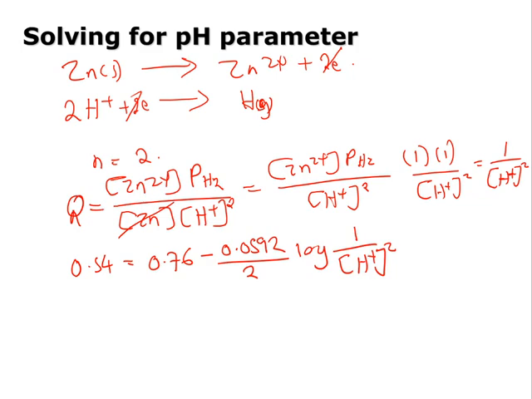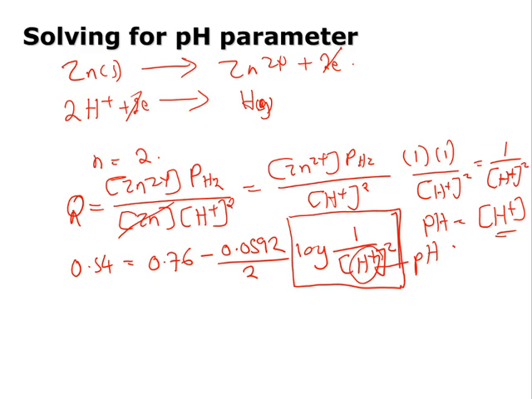Now, like we've said, this is definitely defined by the amount of hydrogen ions that are present in the solution. So in short, this parameter will help us calculate the pH. So okay, now let's focus on this parameter only for now.